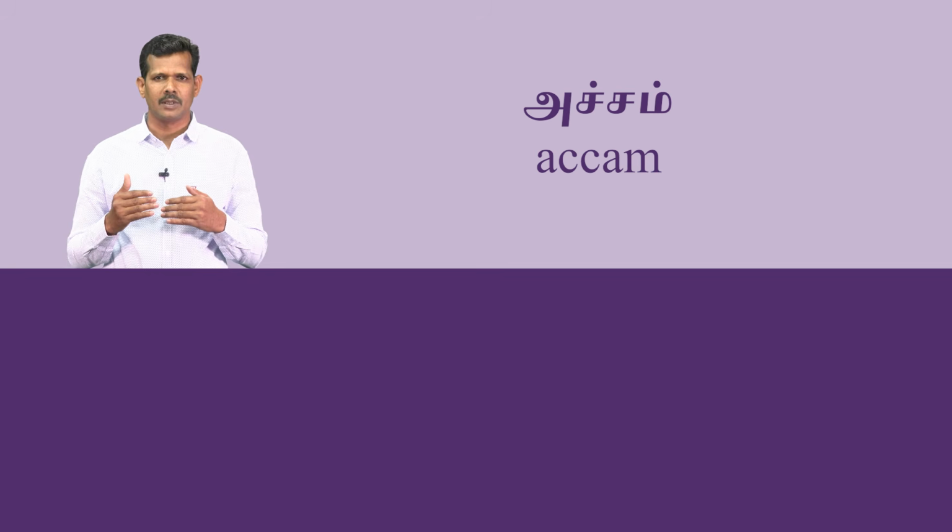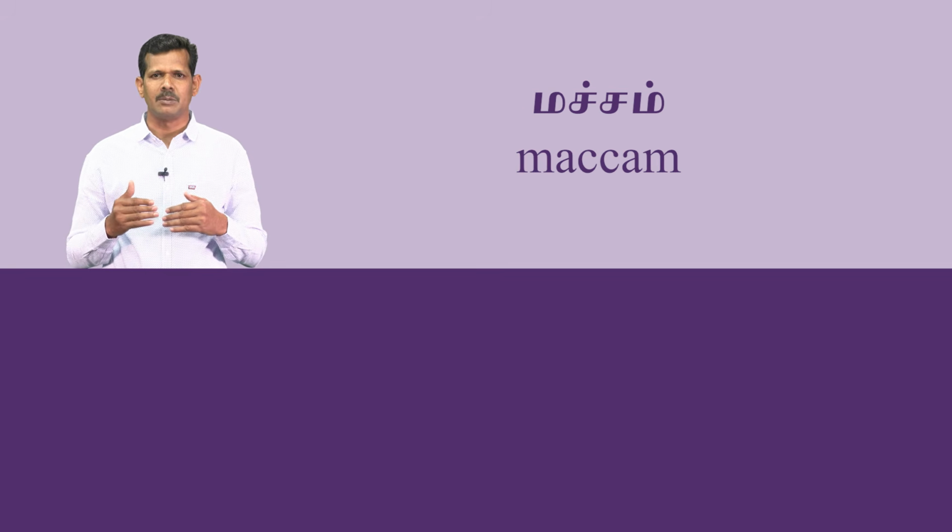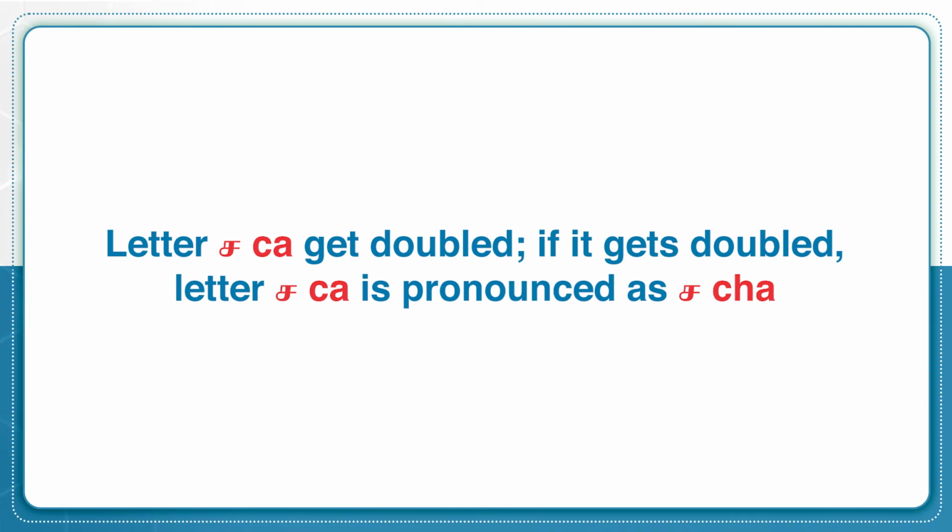For example, acham, which means fear, macham, which means mole. In the above examples, the letter sa gets doubled. If it gets doubled, the letter sa is pronounced as cha.